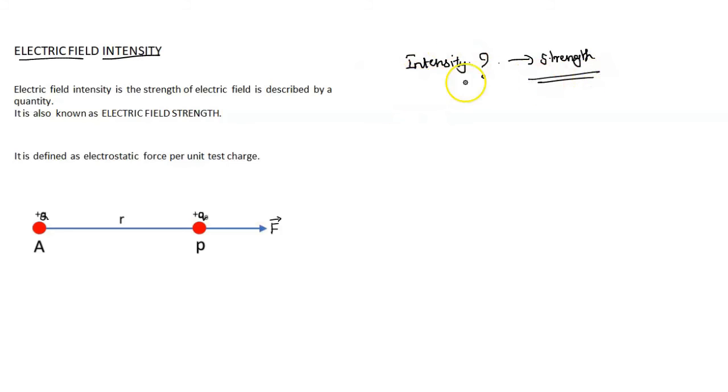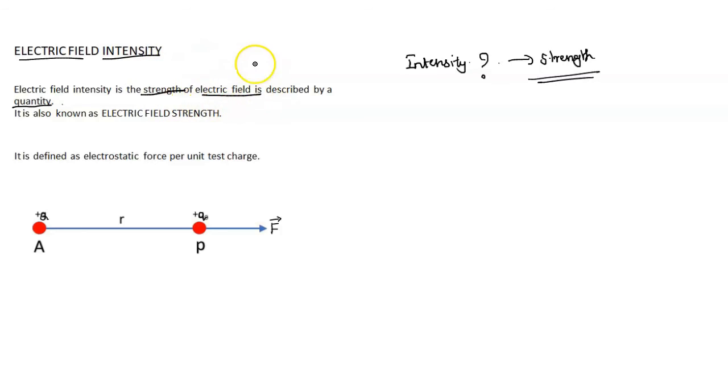The word intensity means strength. So electric field intensity is a quantity which represents the strength of the electric field.